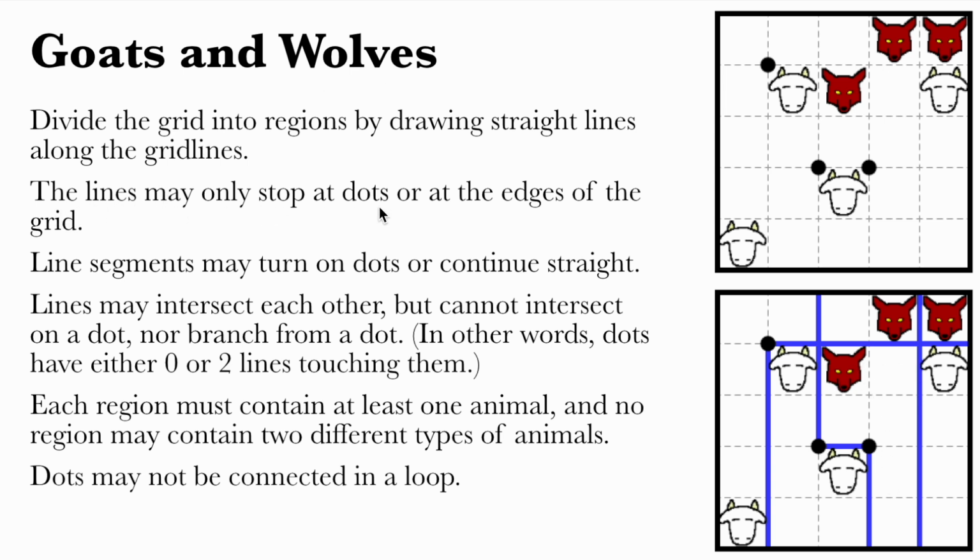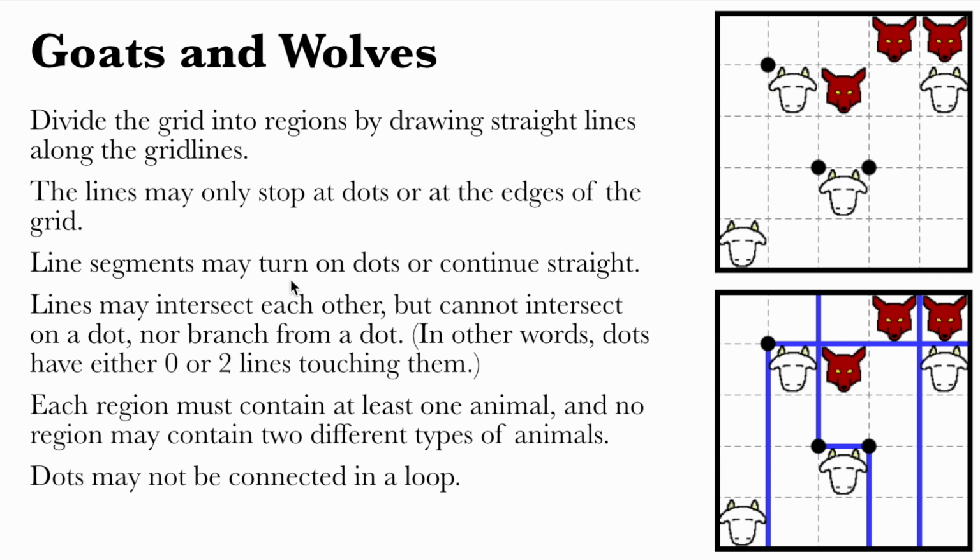The lines may only stop at dots or at the edges of the grid. So once we start drawing a line along this grid line here, it would need to continue both directions all the way up to the edges of the grid. If we started drawing a line here, it needs to continue to the edge of the grid this way. This way, it may stop once it hits this dot.